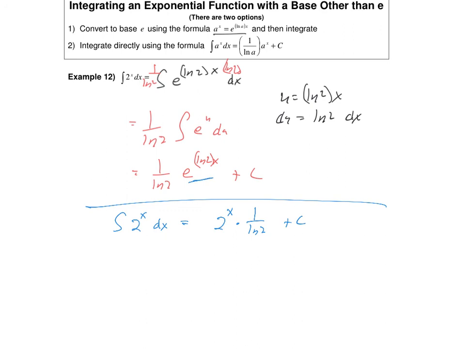So if I come back to the red one to make a match, I still have my 1 over natural log of 2. But what happens when you have e to the natural log of 2 times x? That's going to transfer back, right? And I can write that back as a to the x, which would be 2 to the x. So I had to transfer in to base e, then I had to transfer out of base e to make a match. And that's a lot of transfer, or you can memorize the formula for a few days, and then you're going to be all right.